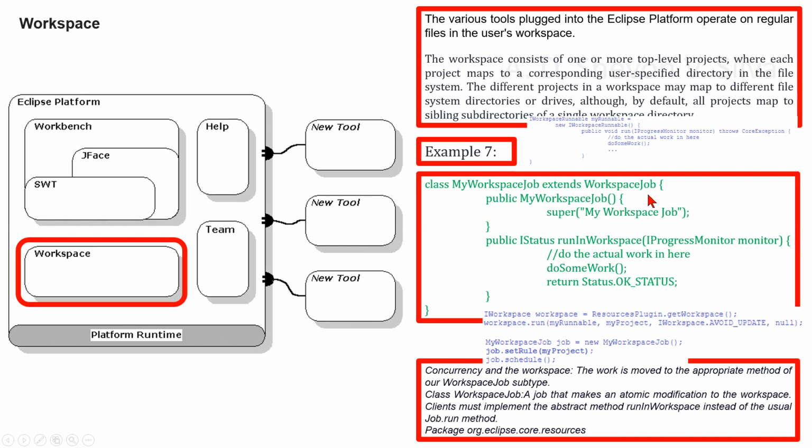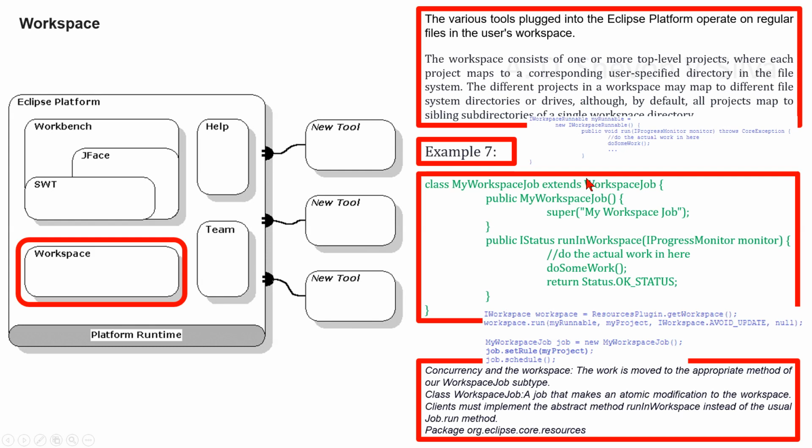Code that would normally be batched in the IWorkspaceRunnable is instead put into the runInWorkspace method of a WorkspaceJob subtype. Instead of running the code using the IWorkspace protocol, the job is scheduled just like any other job. The appropriate scheduling rules must be added to the job before it is scheduled.